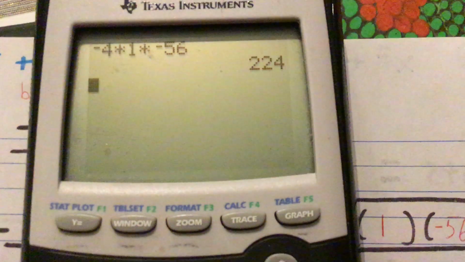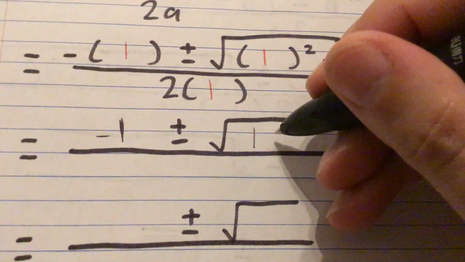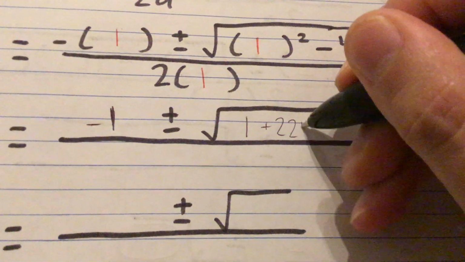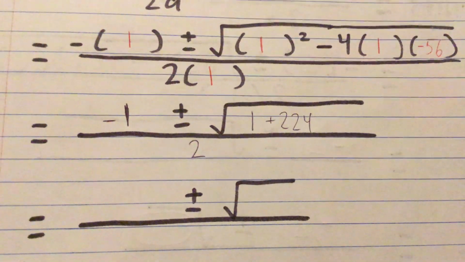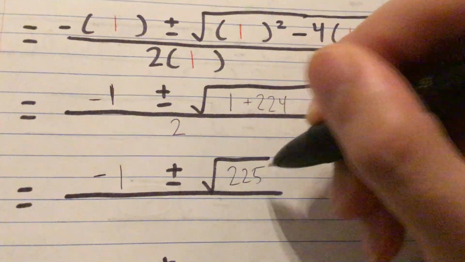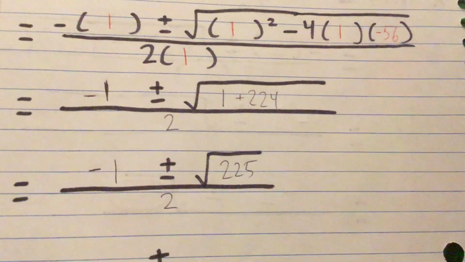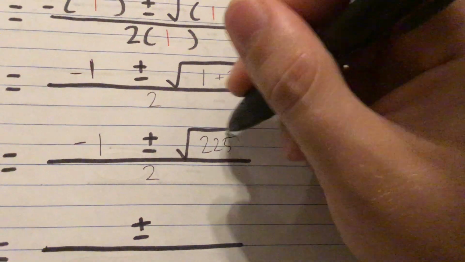Well, that's going to be positive 224. All that over 2 times 1, which is 2. So now we've got negative 1 plus or minus the square root of 225 over 2. Okay, well now things are back to normal.